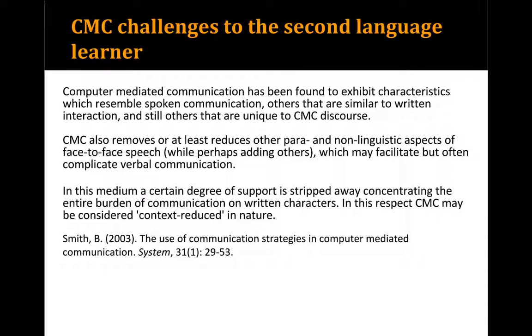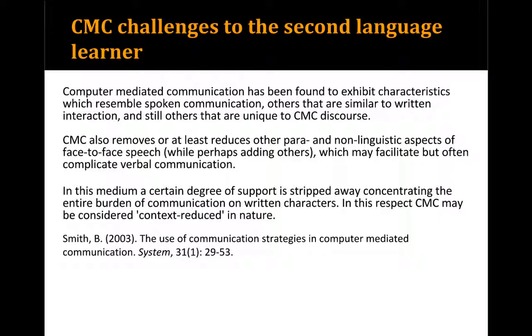CMC removes, or at least reduces, other paralinguistic and non-linguistic aspects of face-to-face speech. So it's quite difficult to replicate in text the sorts of things that happen when you communicate face-to-face. And on the other side of the coin, you get emoticons coming through, increasingly little pictures and all sorts of stuff that's added into the text to help people understand it.